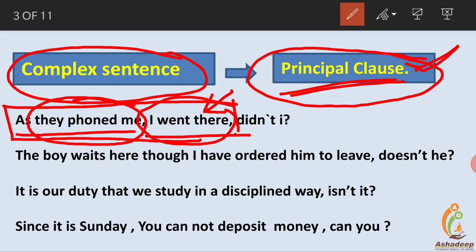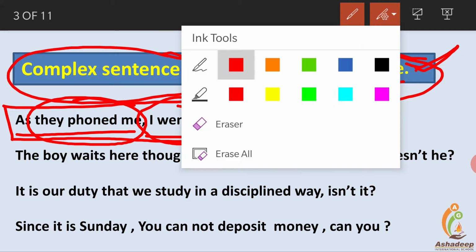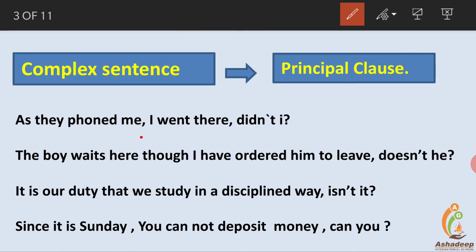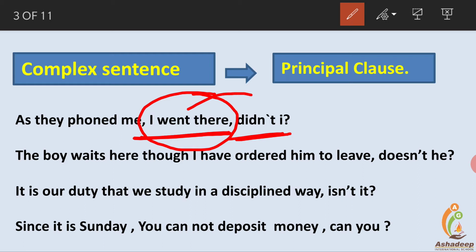For the question tag, which of these two will we consider? Principal clause only. So in this sentence we will consider the second clause, and we will get the question tag for the principal clause. I went there, didn't I? That's the question tag.